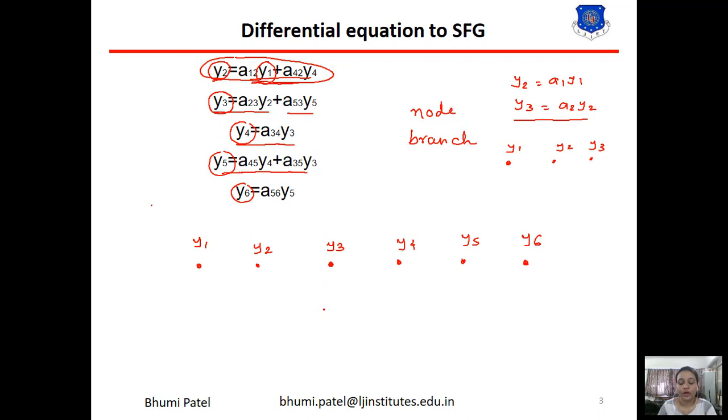Now we draw the signal flow graph equation by equation.